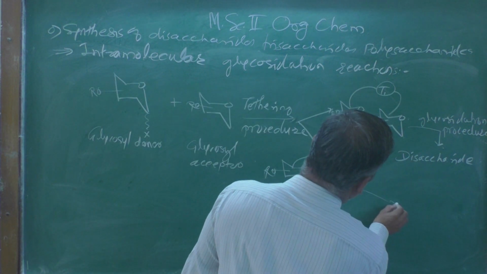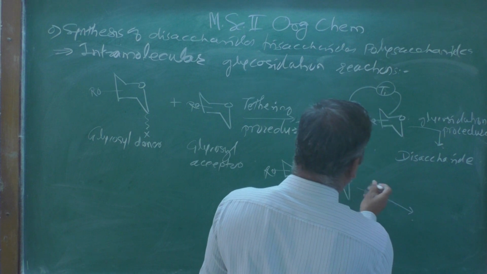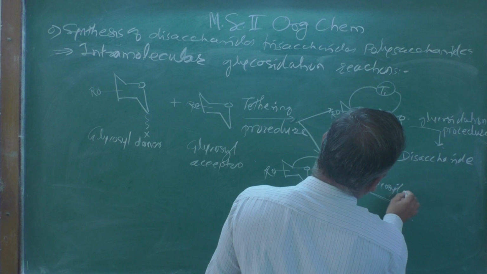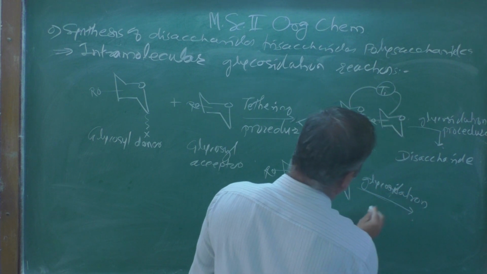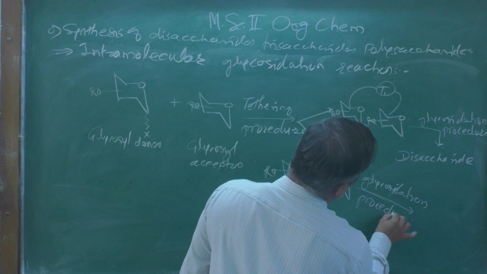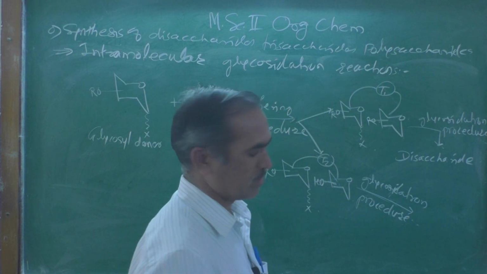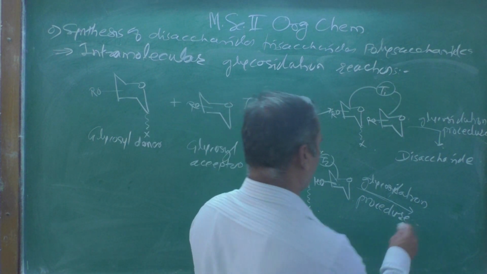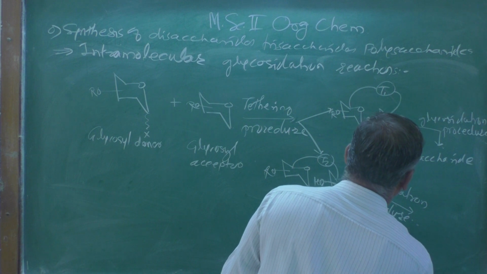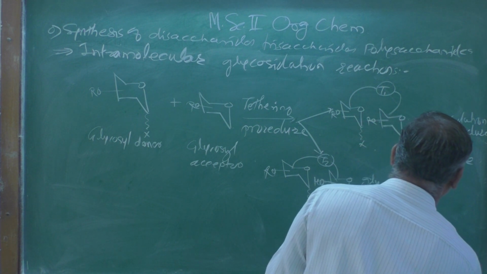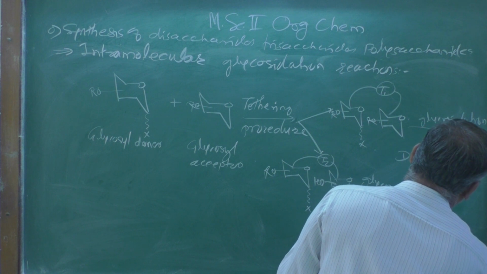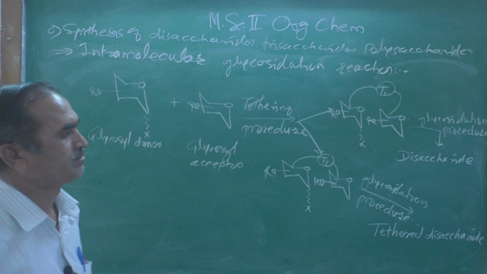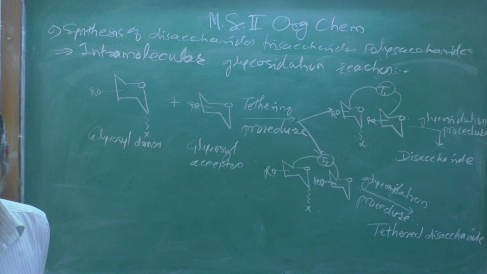After the glycosidation procedure, the resulting compound obtained will be a tethered disaccharide, which is the compound we got here.